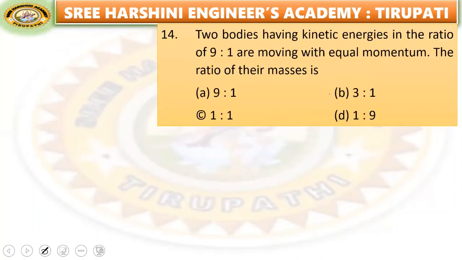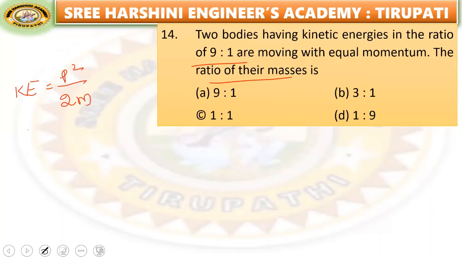Two bodies having kinetic energies in the ratio of 9:1 are moving with equal momentum. The ratio of their mass is? We know that kinetic energy and momentum are related by KE equal to P square by 2m, where P is the momentum.